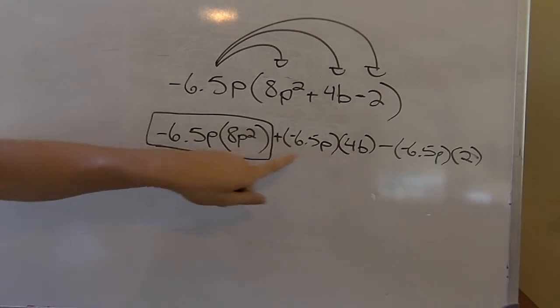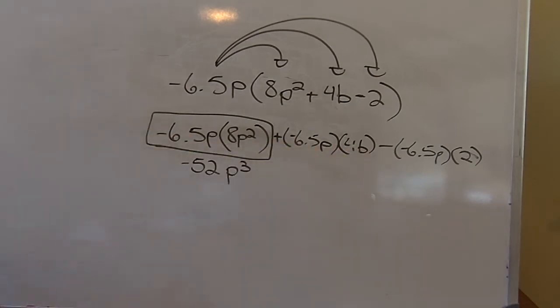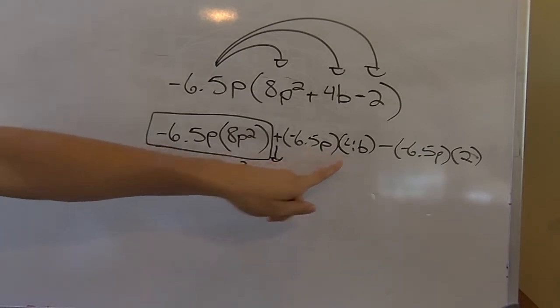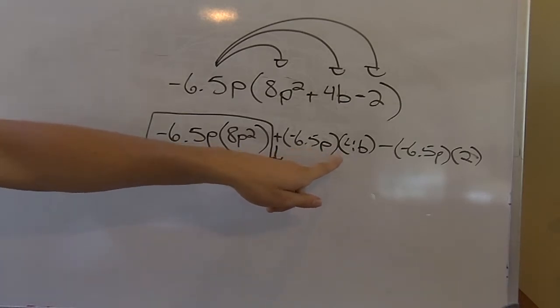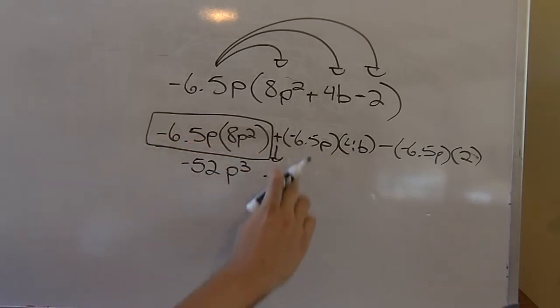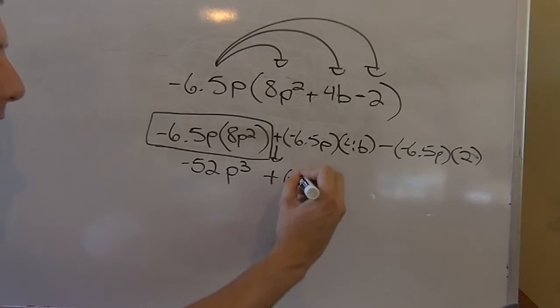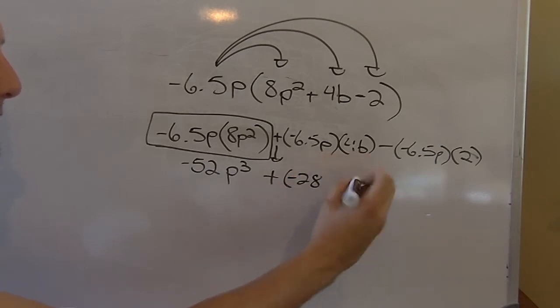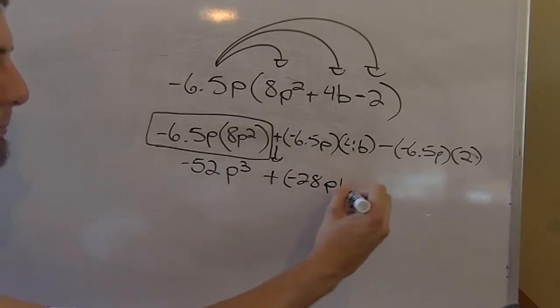Now, I'm going to put my plus sign down, and go on to the next multiplication problem. Negative 6.5p times 4b. Negative 6.5 times 4 is going to get me negative 26. P times b will just get me pb.